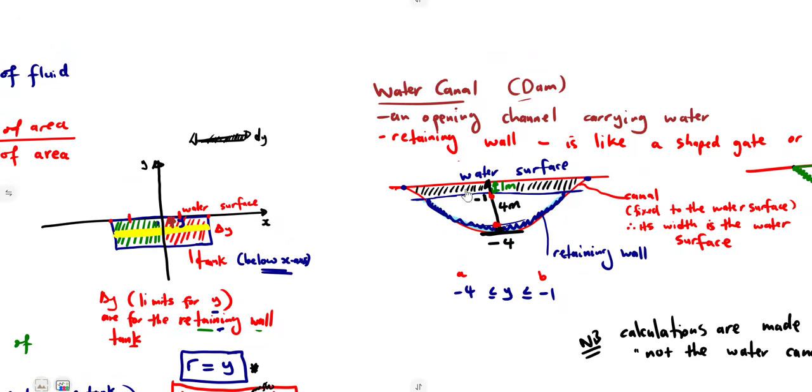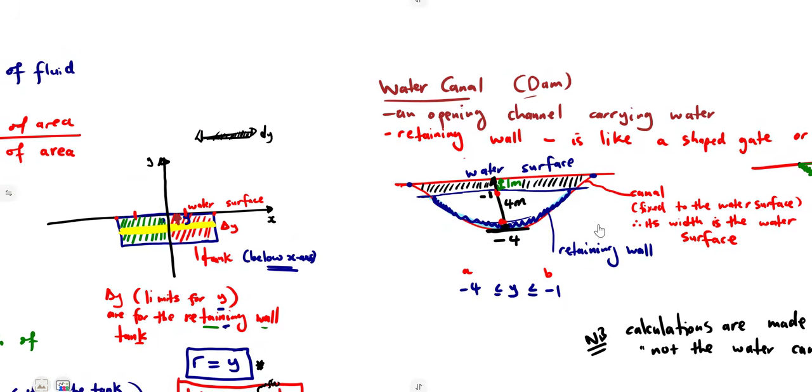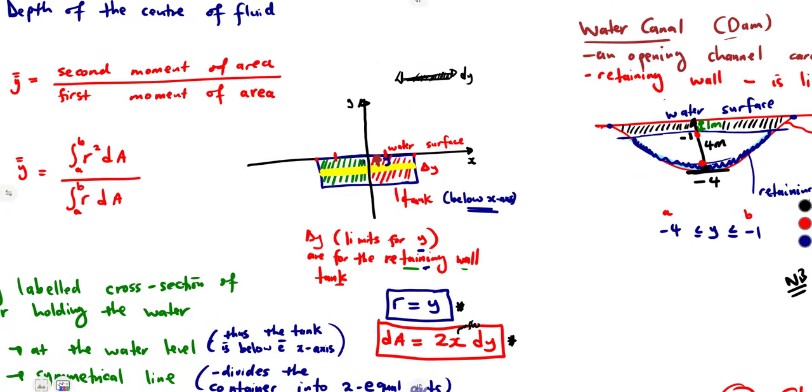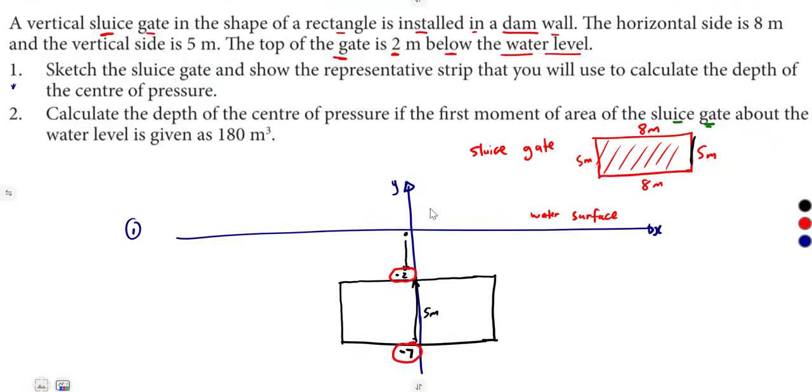When you have got your canal, but we are not given its height to say it is 4 meters or what, the information was directly about the tank. So everything is there. The limits for Y are for the retaining wall, which is our sluice gate, the retaining wall tank. So we have the limits already, so there's no need for any adjustments in our case.